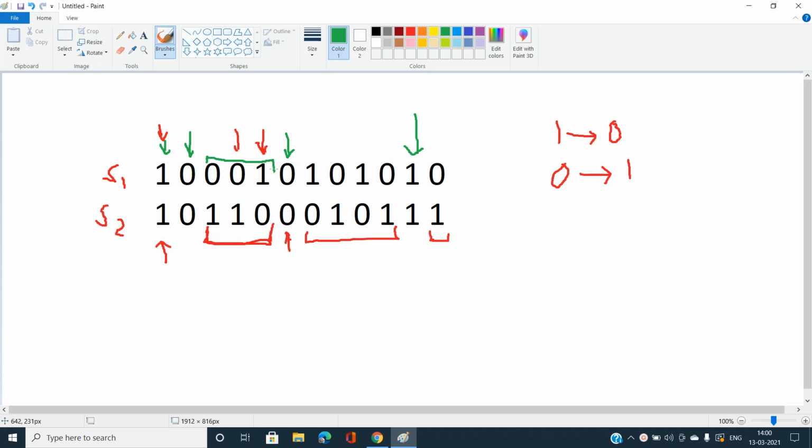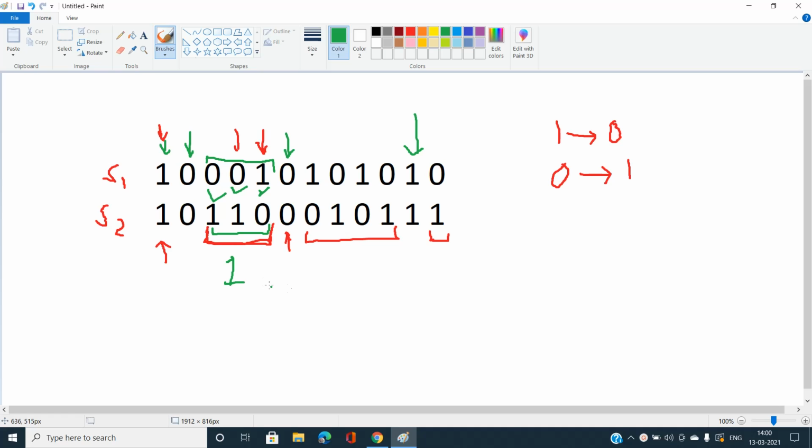That is, the operation is to flip all the characters, basically 1 to 0 and 0 to 1. Okay. So 0 is converted to 1 and 0 is also converted to 1 and 1 is converted to 0. Then this segment is exactly matching with the S2 segment. Okay. So this will require a single operation.